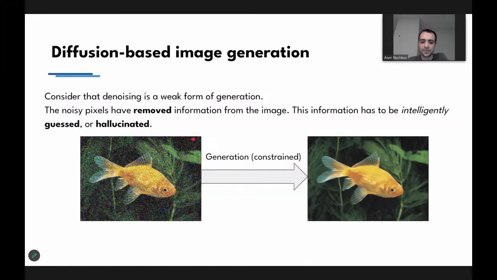Of course, you can make a very intelligent guess based on the surroundings, based on prior knowledge from a data set and so on, but you don't really know what the value should be. So you can see that even this kind of denoising can be thought of as generation, although very constrained.